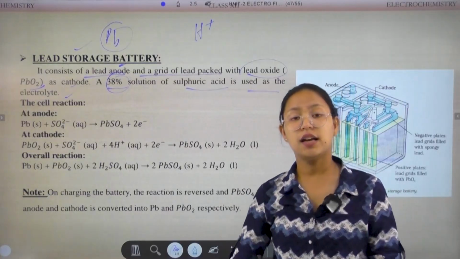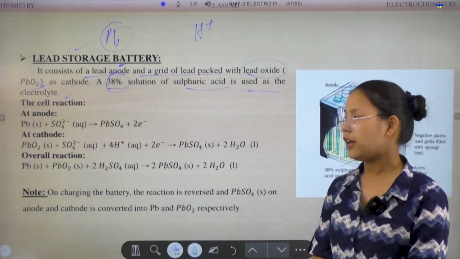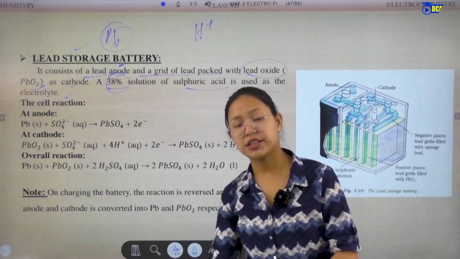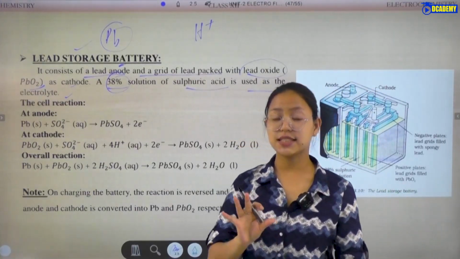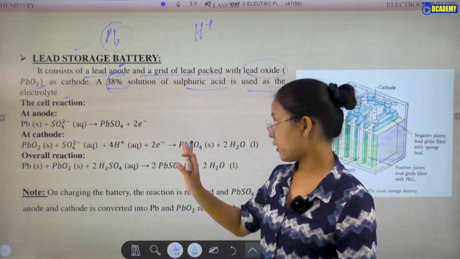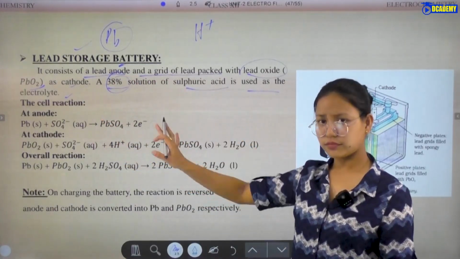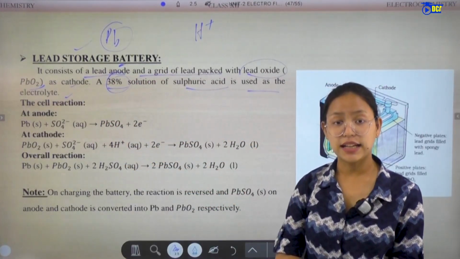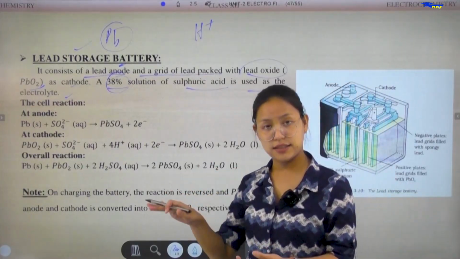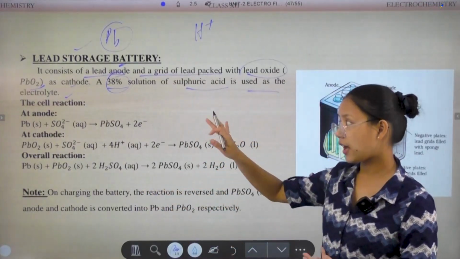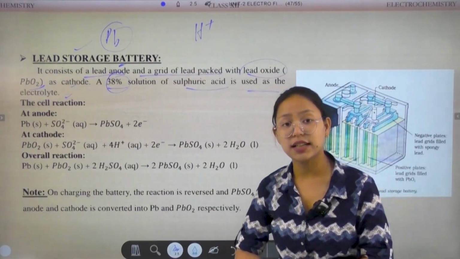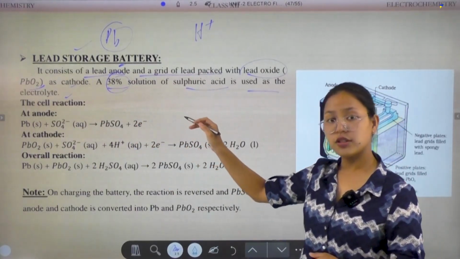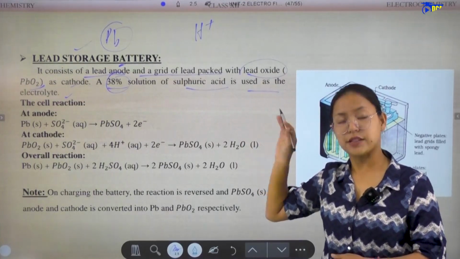That is the electrolyte. Then the cell reaction. The lead storage battery has an anode of lead, a cathode of lead oxide, and an electrolyte of acid mixture, a 38% solution of sulfuric acid.